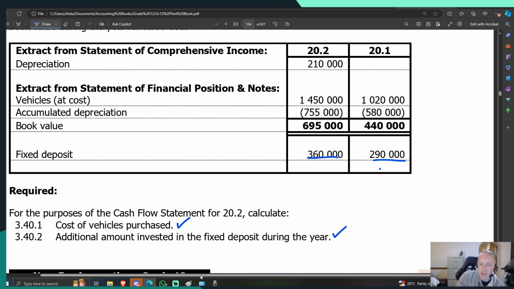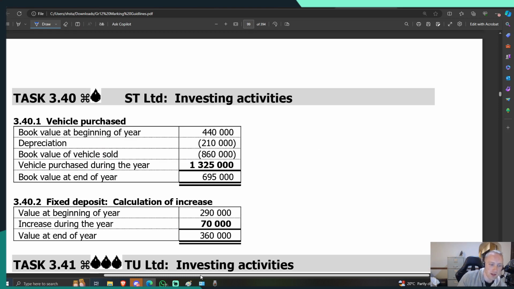So we had an increase of 70,000, which means that in the cash flow statement it would be in brackets, because it's showing an outflow of cash out of our bank account and into the fixed deposit account, because the fixed deposit account increased. So we invested some of our cash into the fixed deposit. It's an outflow of cash. And let's see that in the answer. There it is. There's the 70,000 that we were looking for.